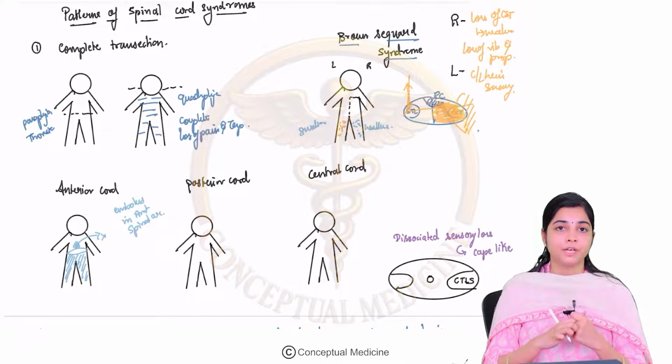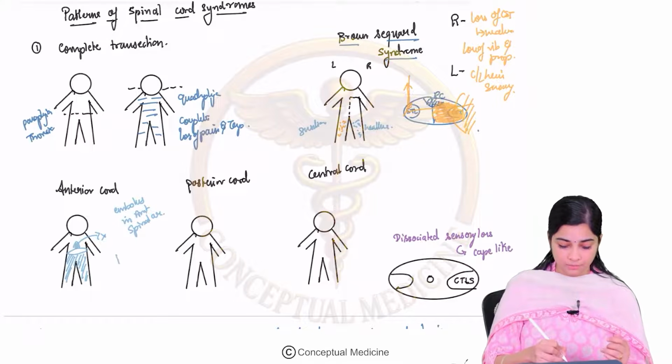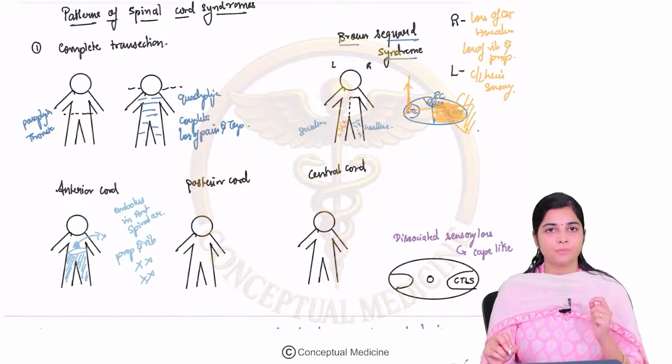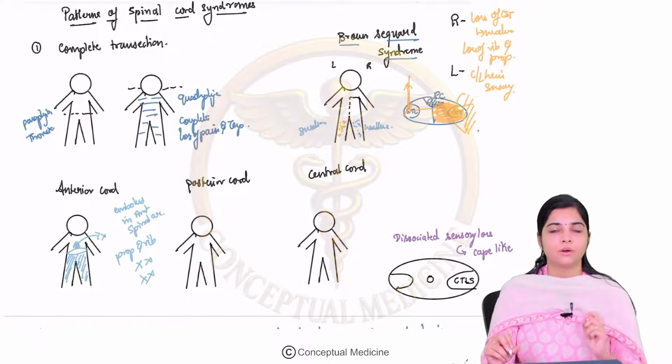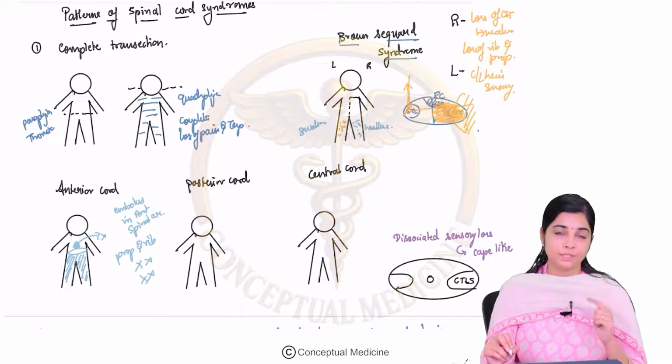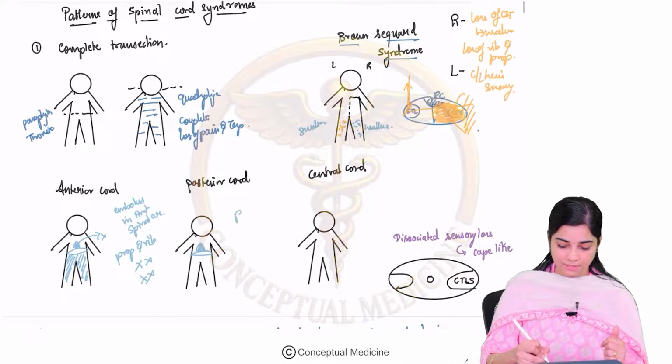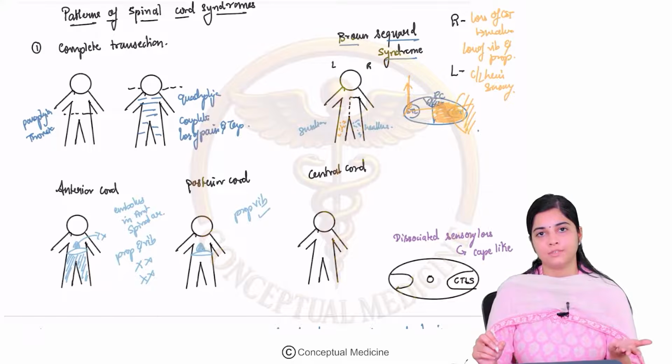That means which fibers are not affected? Proprioception and vibration will not be affected. Similarly, in a posterior cord syndrome, only proprioception and vibration will be affected because it is only the posterior spinal artery which is affected.